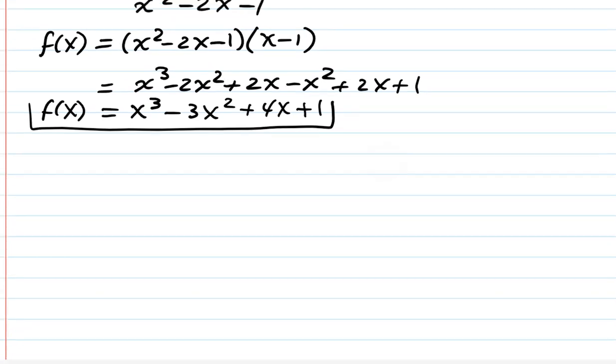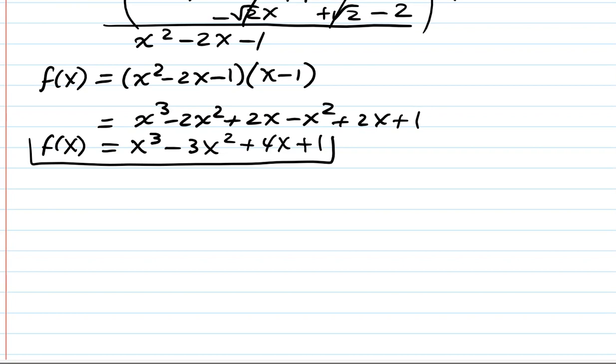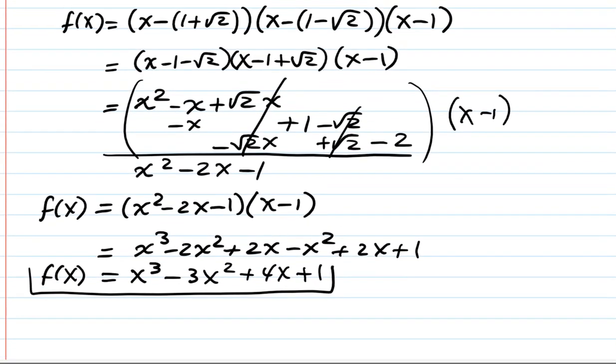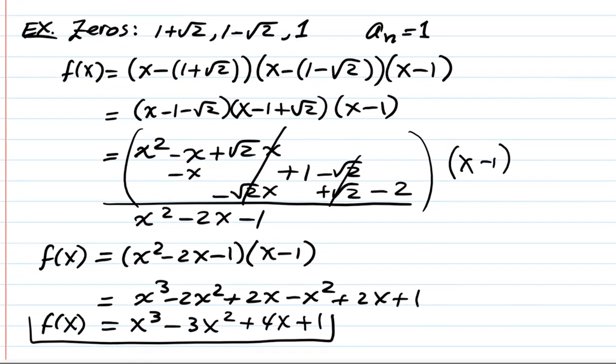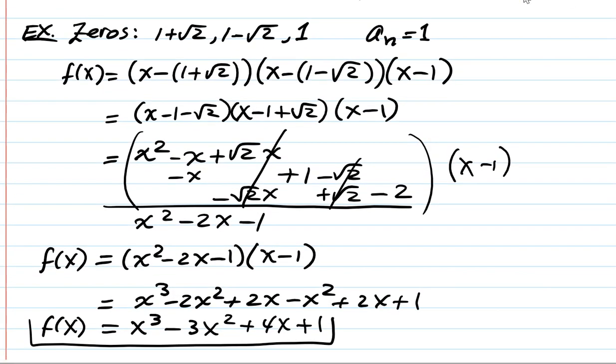Again, making sure I got my x terms correct, let me check real quick, folks. Looking at what I did when I distributed, I got x cubed negative 2x squared.